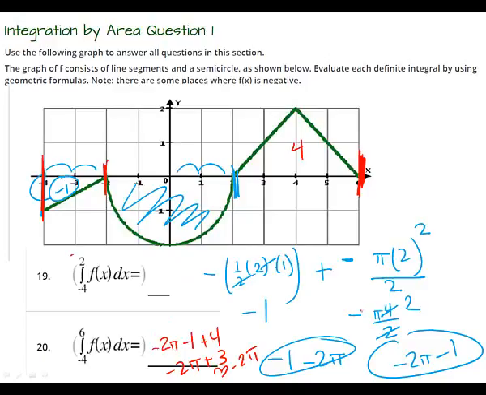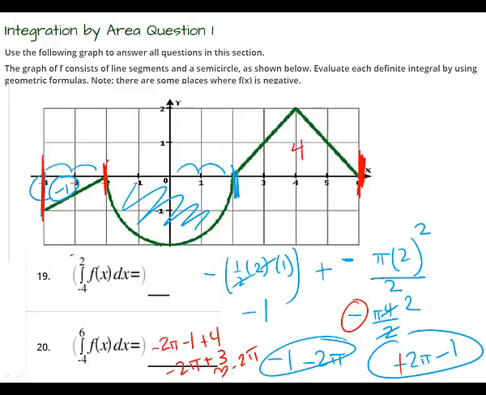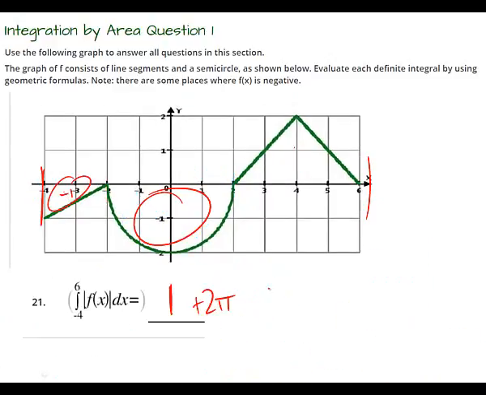We just need to take the negative off the front, don't we? So if we take the negative off the front, it'll be positive 2 pi, wouldn't it? So plus 2 pi, and then this area we already said, how much was that one again? 4? Alright, so it'd be plus 4, so it's going to be 5 plus 2 pi.